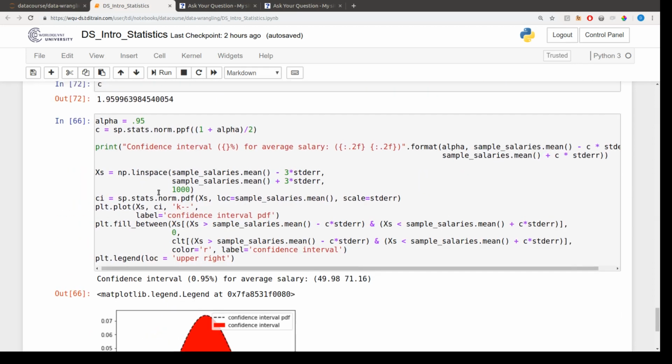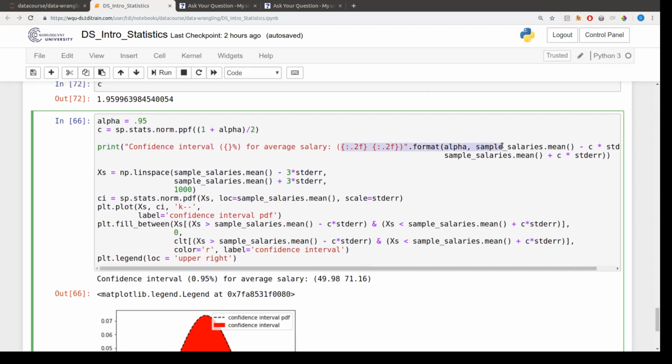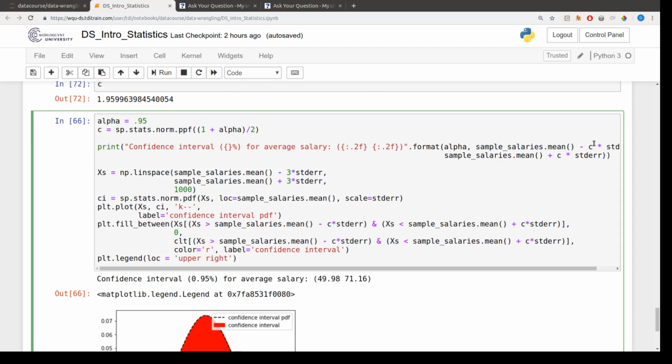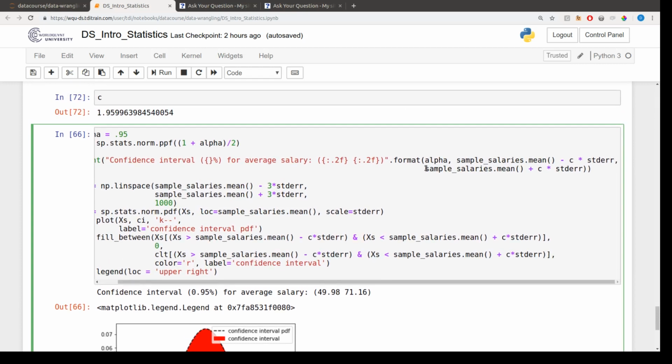And in fact, if we look at this formula here, we see we take our sample mean and we're subtracting off C, that z-score bound, times the standard error, and also taking the sample mean and adding those things as well for the upper bound.